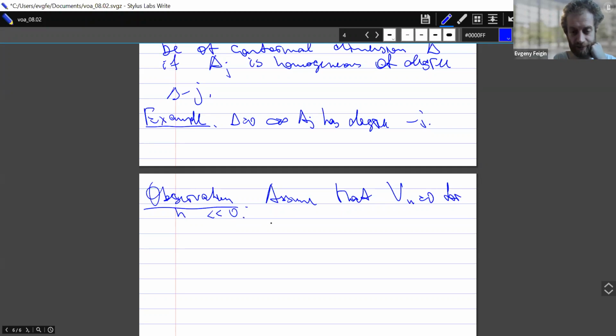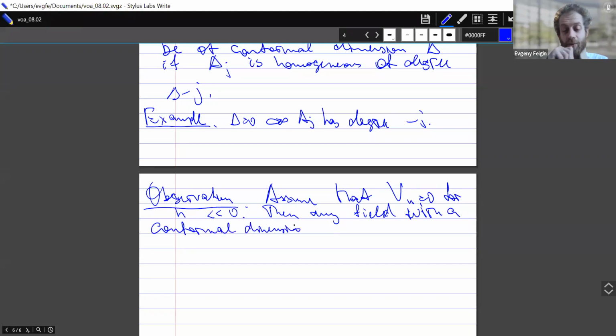Then any field with conformal dimension, so just any field which has any conformal dimension.